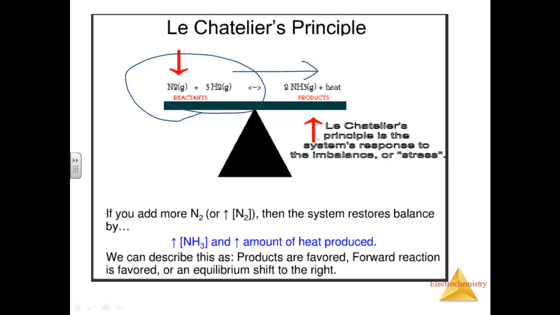So if we want to make more ammonia, all we have to do is increase beyond the regular stoichiometric amount of nitrogen and hydrogen, and that will shift the reaction to the right, meaning I get more product. So this is what we can do in a battery. We can shift the side that is undergoing oxidation to cause a higher voltage.